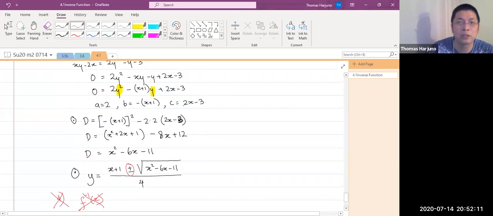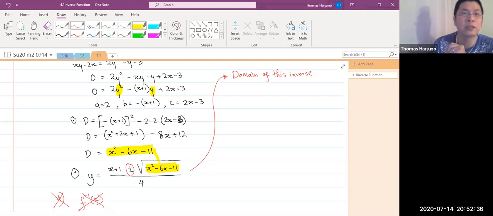Now then, what's the domain of that inverse? The domain of this inverse is when the expression inside the square root is non-negative. Remember I said that the discriminant has to be non-negative, right?